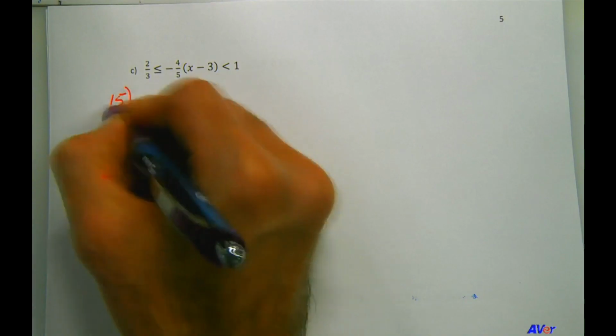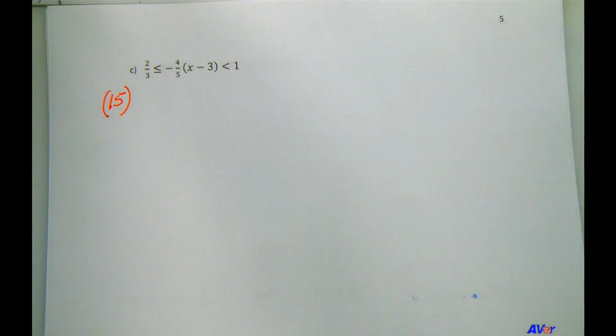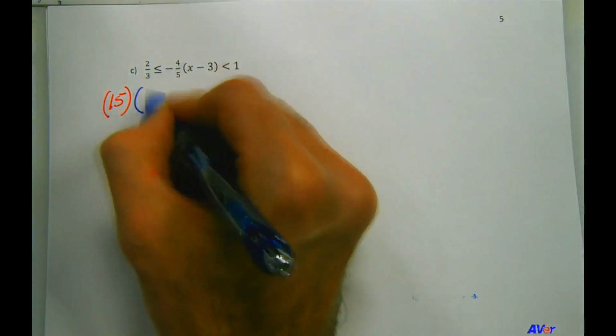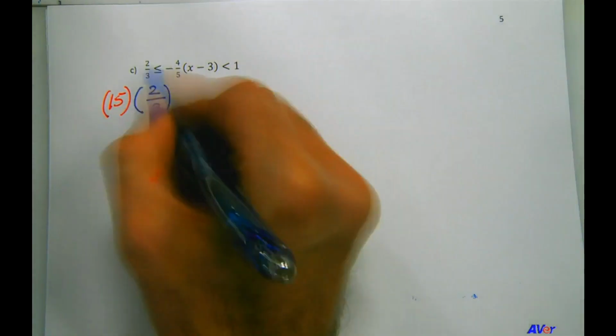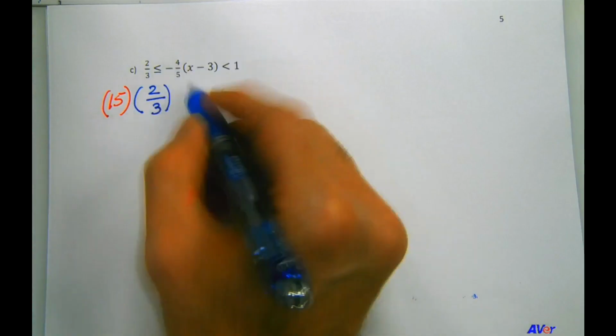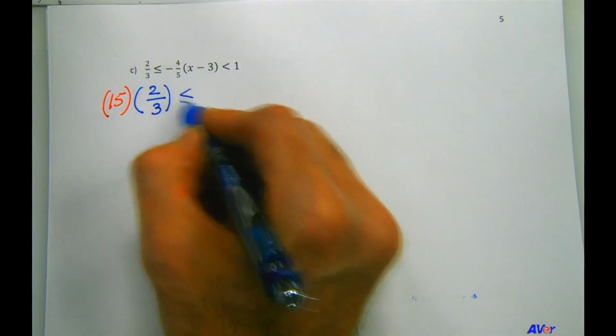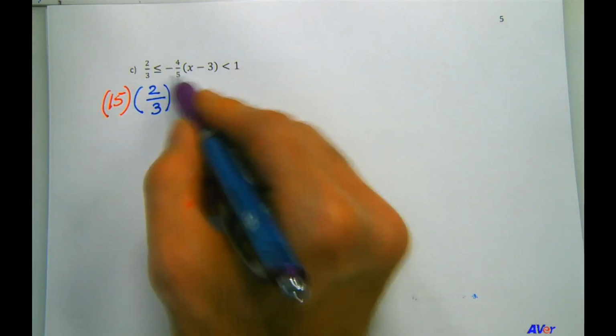So we have 15 multiplied by the left side. We have 15 times 2 over 3. Multiplied by the middle.